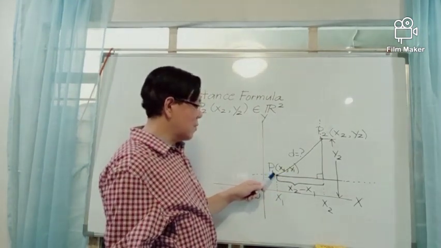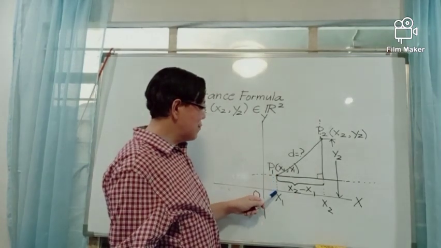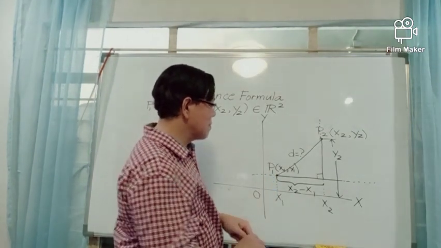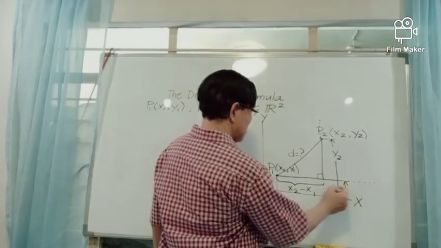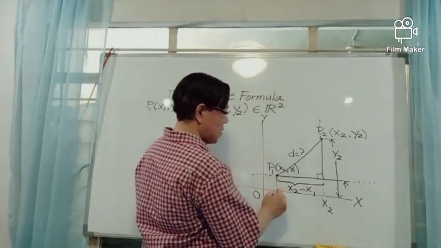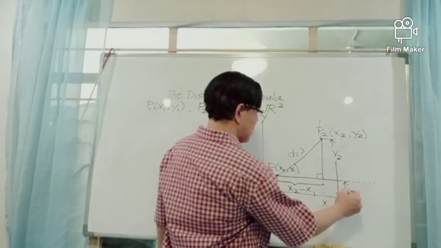Hence, the distance of the point P1 from the horizontal axis is y1.